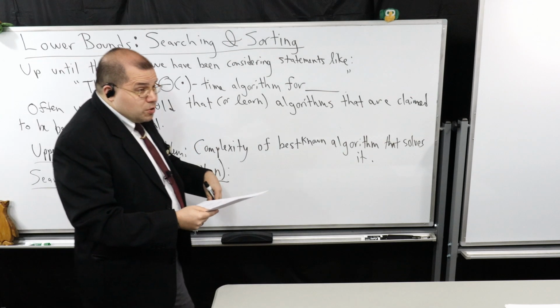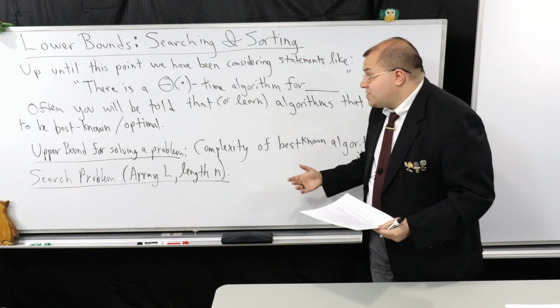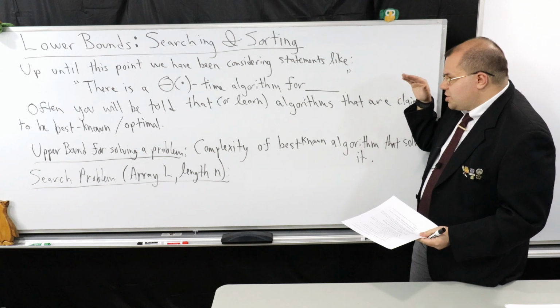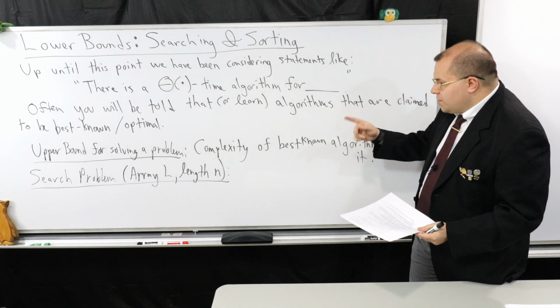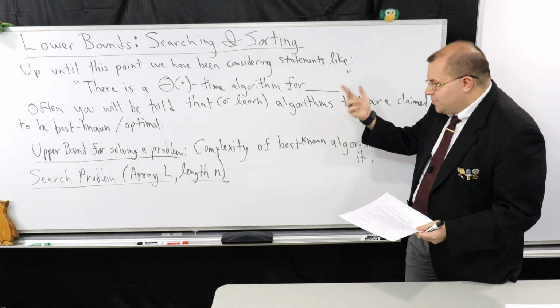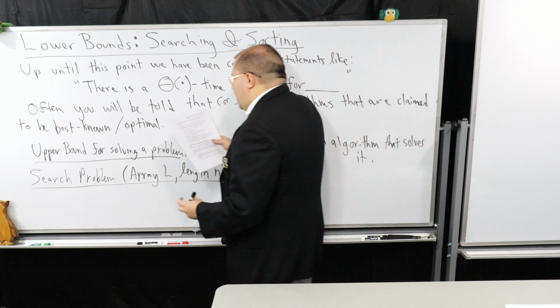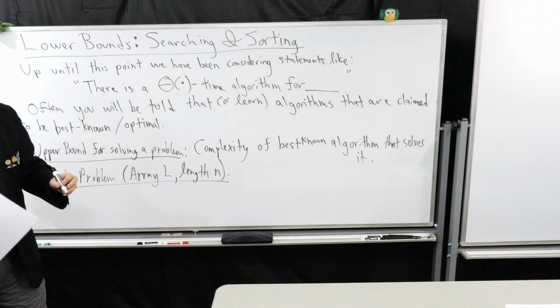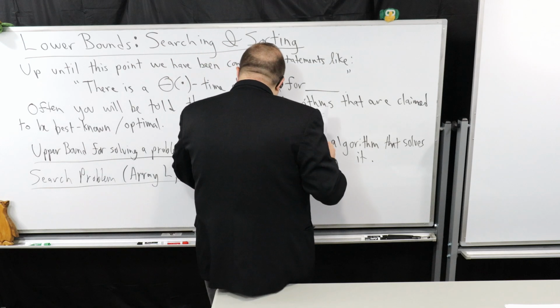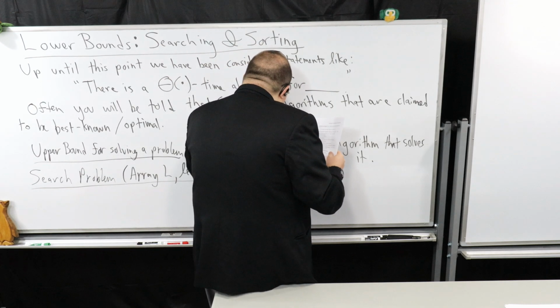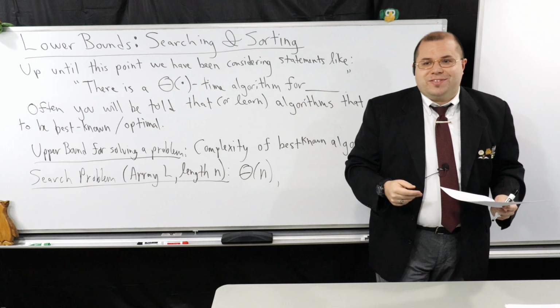A best known algorithm for searching in an array of length n, an upper bound for this problem, is big theta of n. And you know an algorithm that actually achieves this.